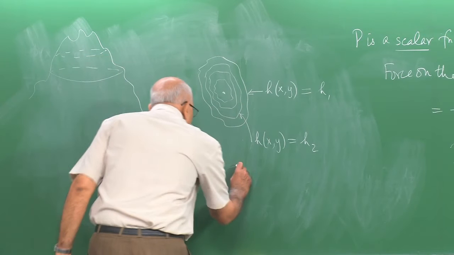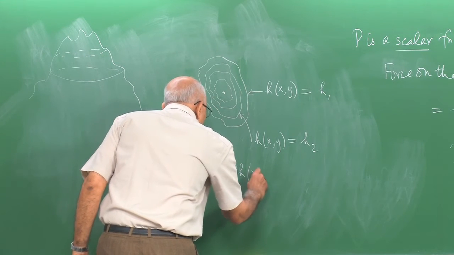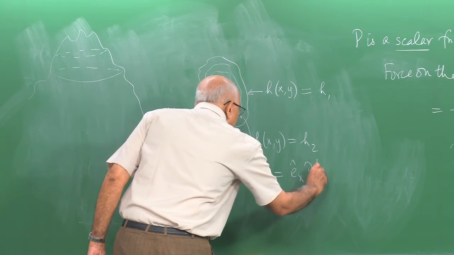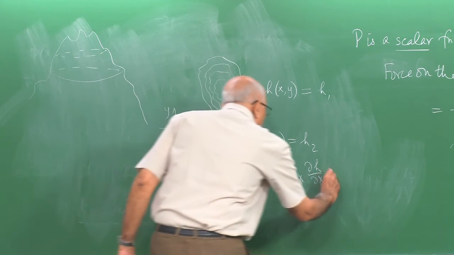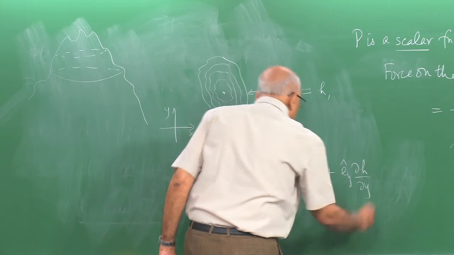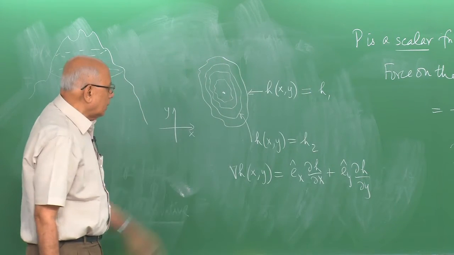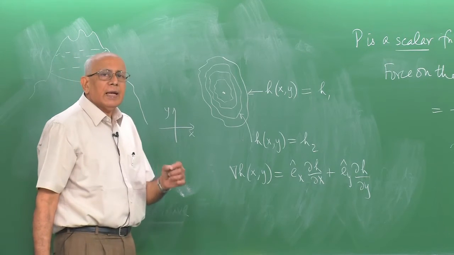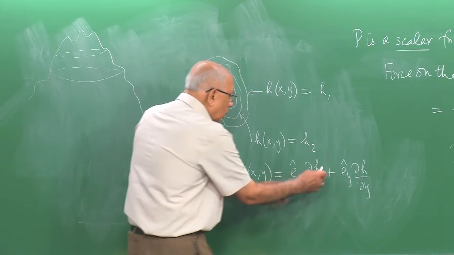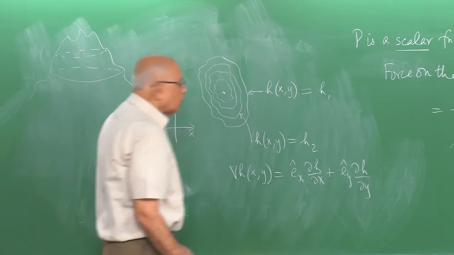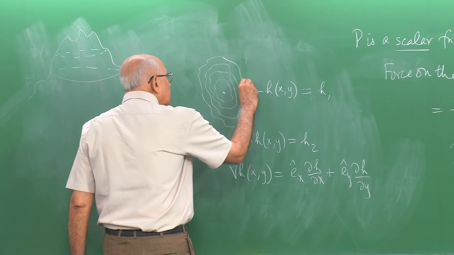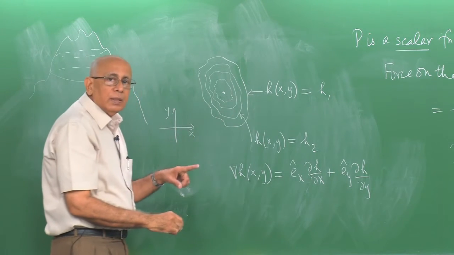So it is clear that gradient of h of x comma y in this case is just ex delta h over delta x plus ey delta h over delta y at any point. So the question is, what is the direction of this gradient? The magnitude is trivial, it is square root of this squared plus that squared, but what is the direction of it? Well, it is clear that if you move along this curve, the height does not change at all.